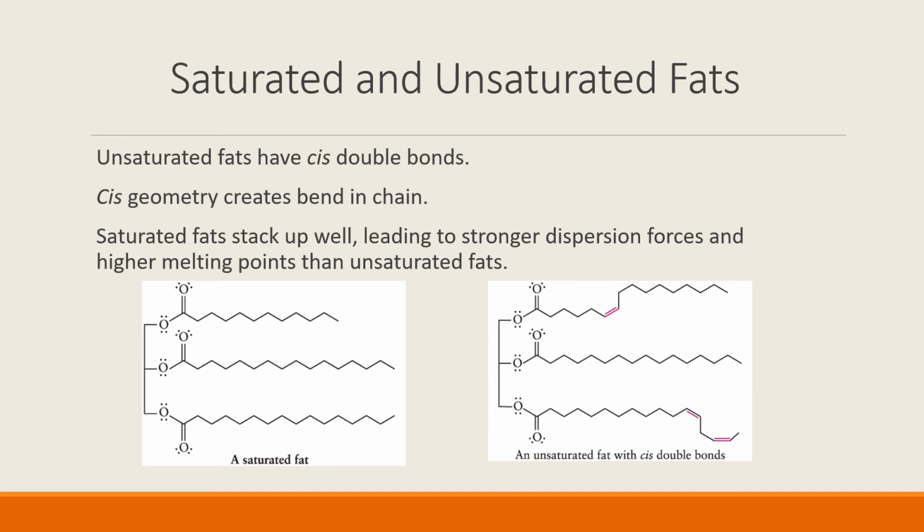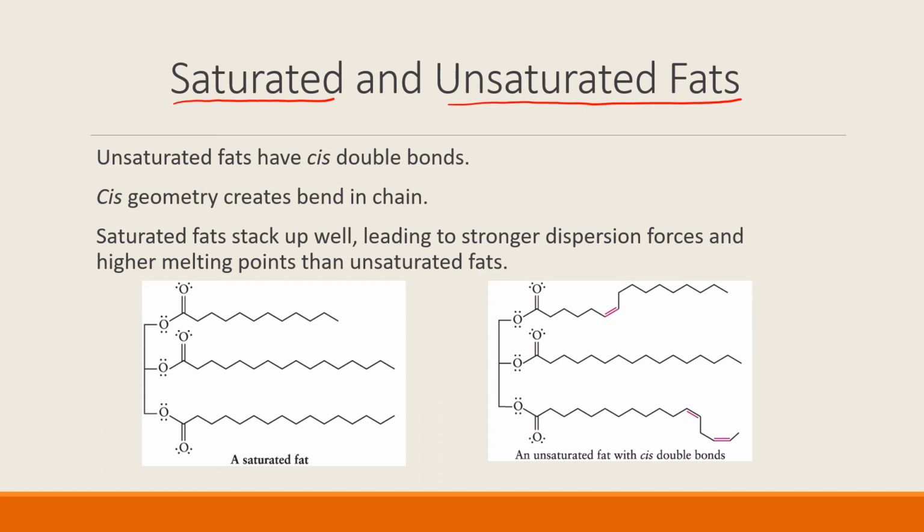If you read any food nutritional label, you will find that our food contains two kinds of fats. It can be either a saturated fat or an unsaturated fat. Saturated fats are those fats in which we only have carbon-carbon single bonds.